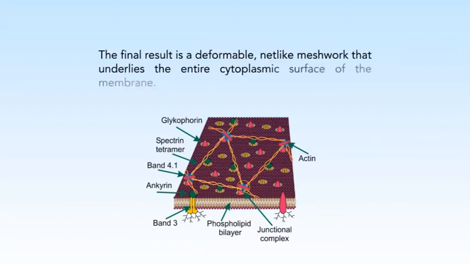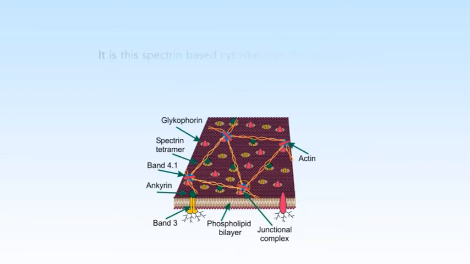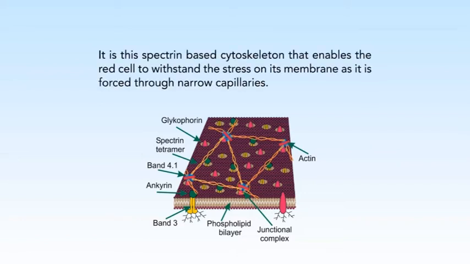The final result is a deformable, net-like meshwork that underlies the entire cytoplasmic surface of the membrane. It is this spectrin-based cytoskeleton that enables the red cell to withstand the stress on its membrane as it is forced through narrow capillaries.